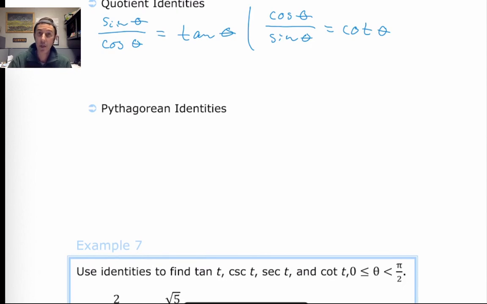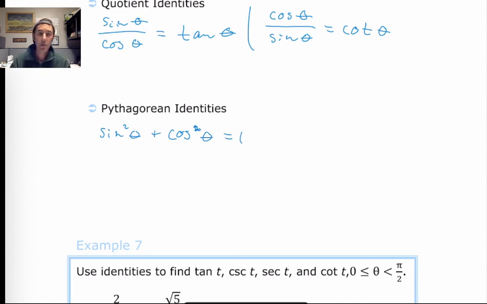Similar to a squared plus b squared equals c squared, or the equation of the unit circle, which is x squared plus y squared equals 1, the first Pythagorean identity is sine squared theta plus cosine squared theta equals 1. Sine squared plus cosine squared equals 1.